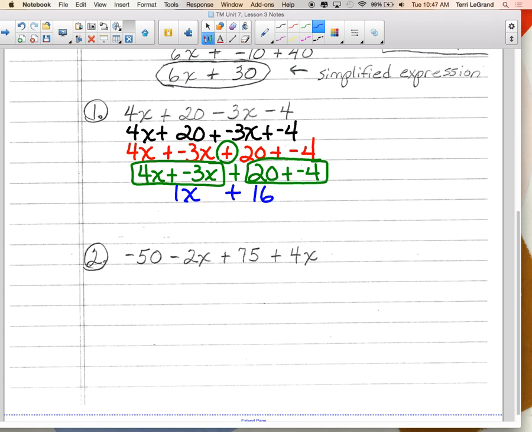Okay, can we clean that up? In other words, do you think this is how it would look probably in an answer bank on a test? Probably not. I bet we can clean it up. Anybody know what we could do to this? What means the same thing as this? x minus negative 16.